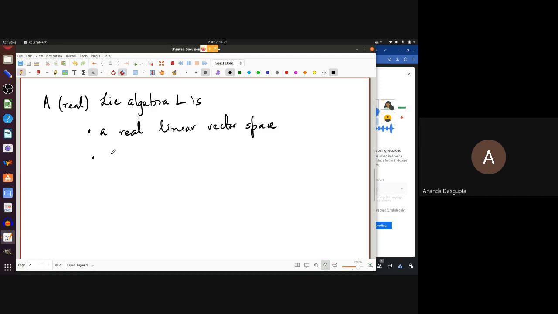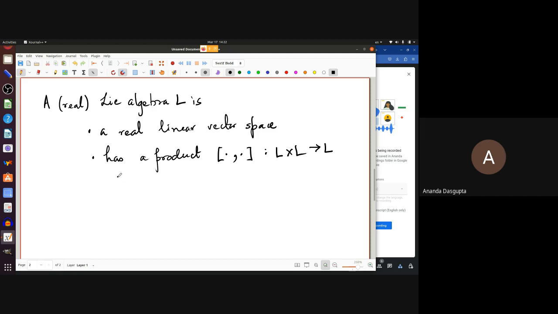In addition, this notation for the product is something you borrow from commutator brackets, which is a map from L cross L to L. So it takes two elements of the Lie algebra, returns another element. Now, this is not any product. This product has certain properties.